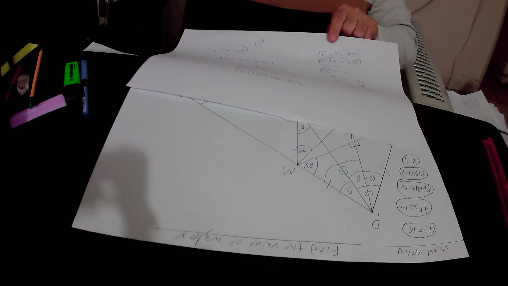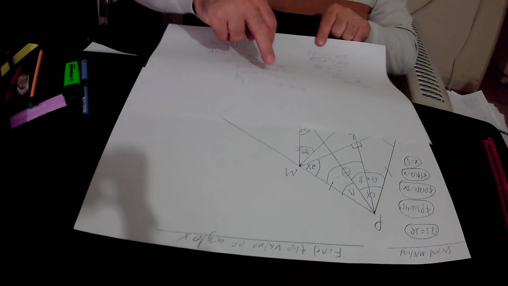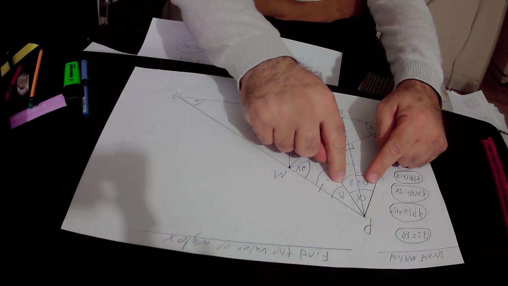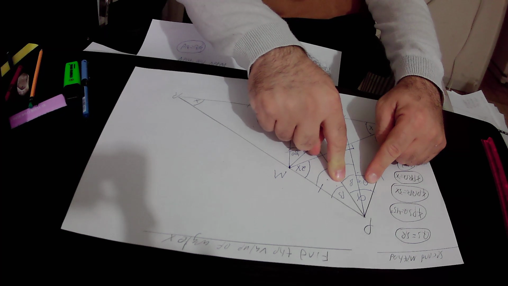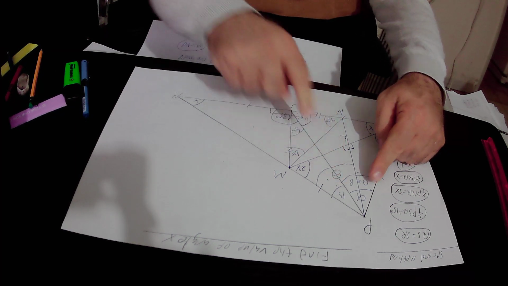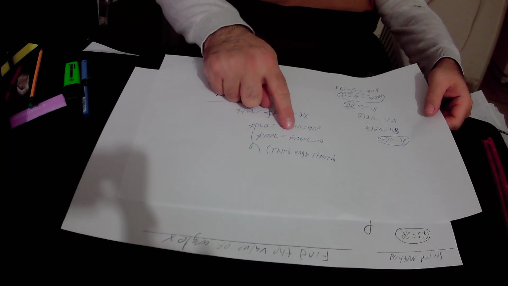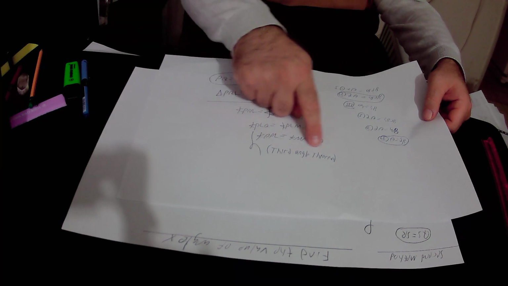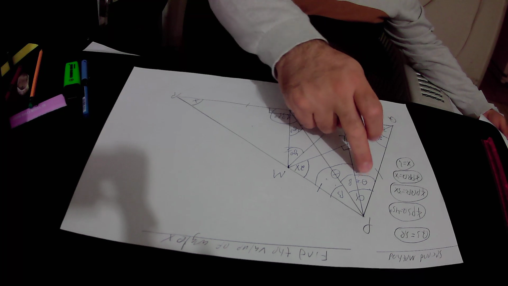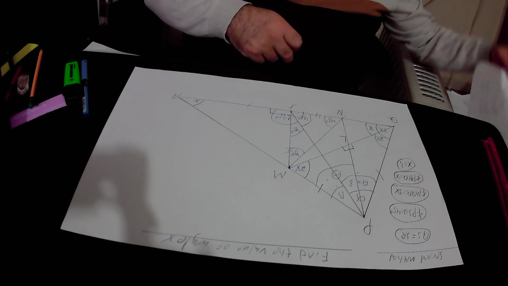And angle QPL must be equal to angle MPL, because they are complementary to 180 degrees according to the third angle theorem. Angle QPL equals angle MPL equals theta. If we define this angle as theta, then this angle must also be equal to theta. Okay?